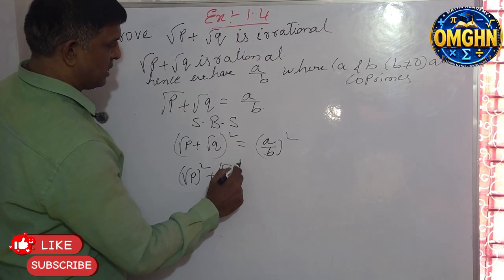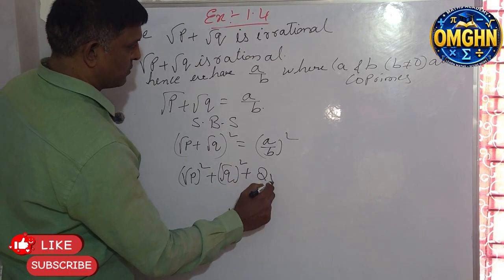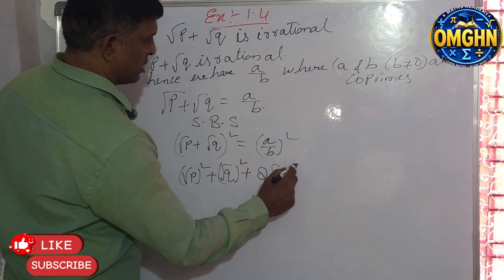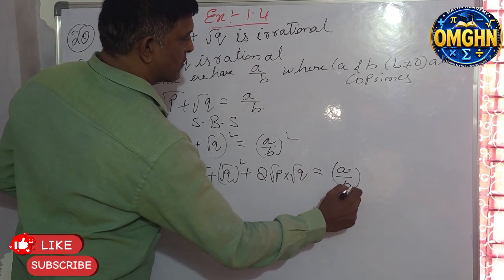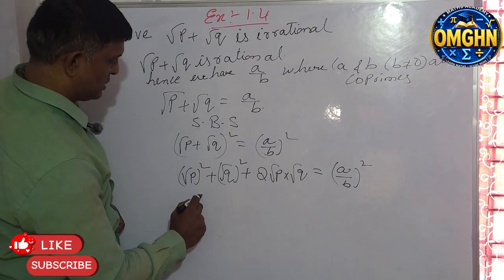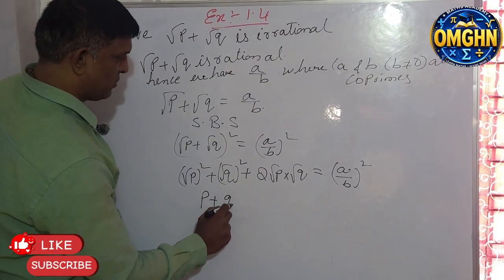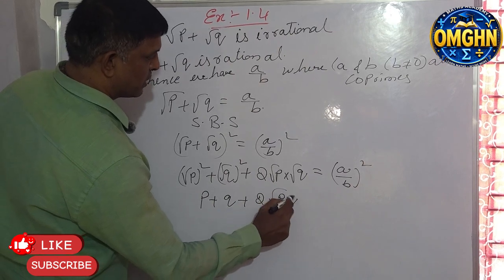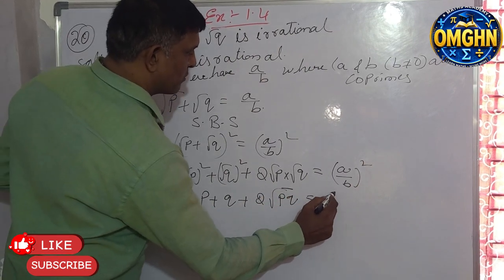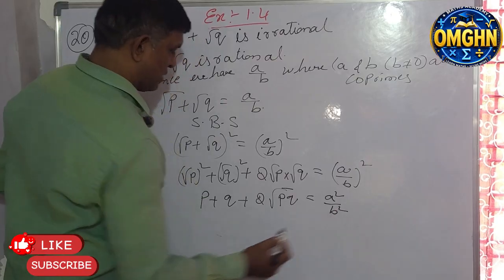P plus q plus 2 root pq equal to a square by b square.